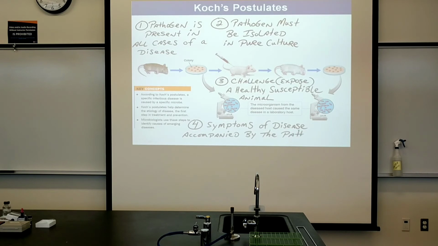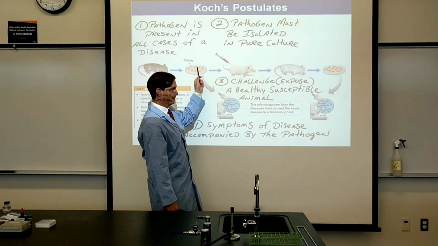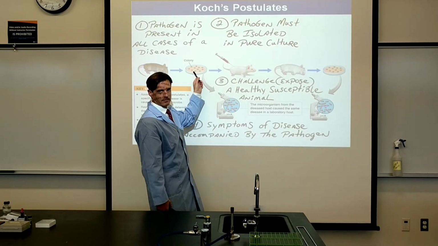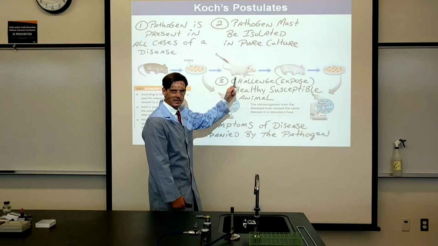So the pathogen has to be re-isolated into pure culture again. We need to see that same organism that was initially isolated from the previously diseased animal or dead animal, and so we bring this full circle.